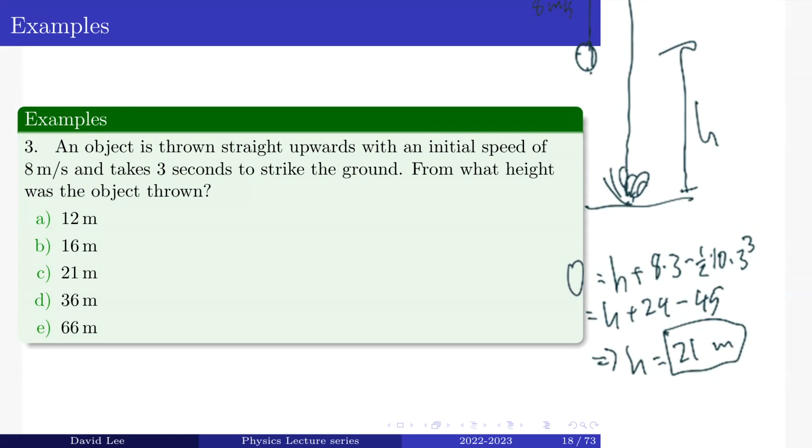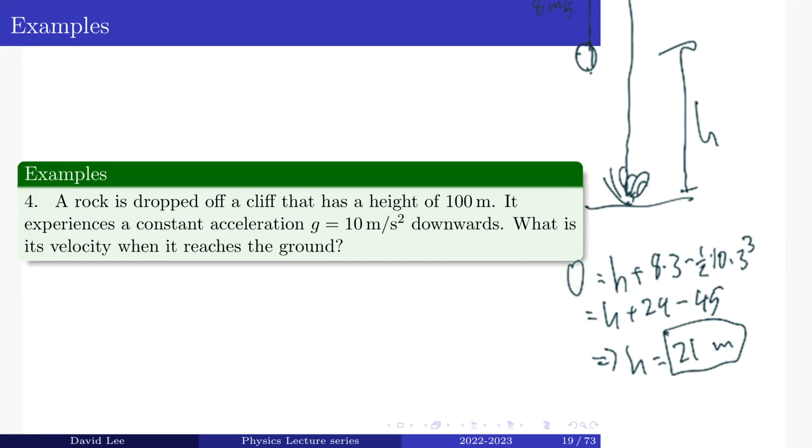Cool. Now let's go on. So again, this is not multiple choice, but I'll give you roughly a minute.